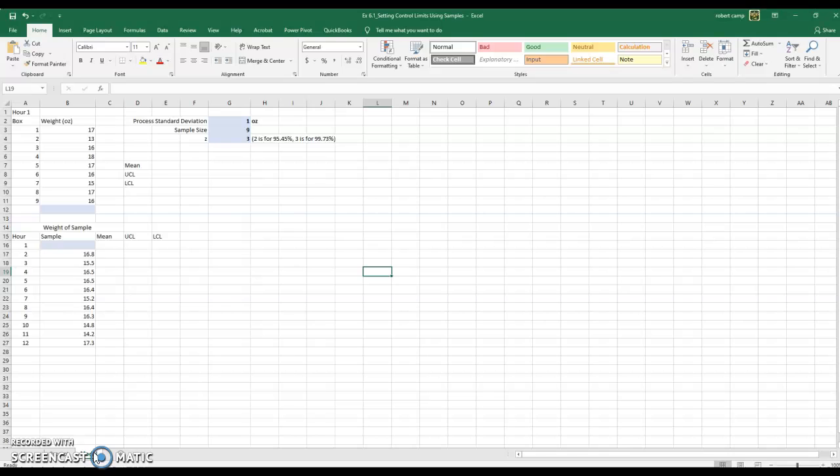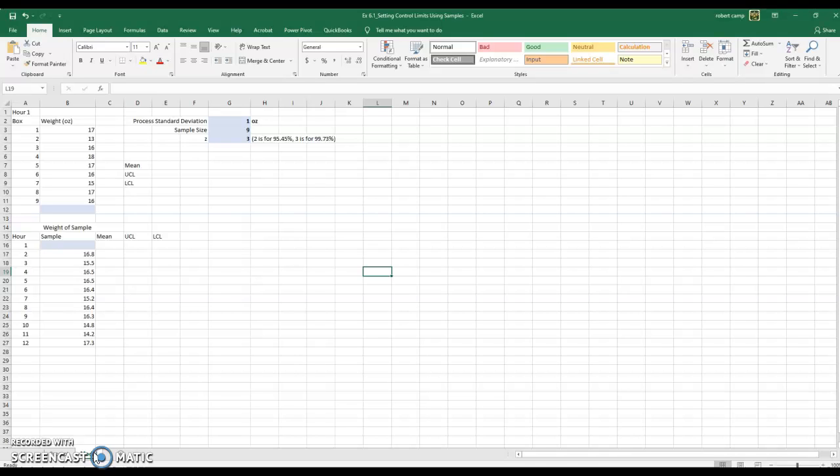Students will get confused on this because they look at it and go, oh, that sample size is 12 because I'm doing it 12 times. That's not the case. The sample size is 9 because each time that you sample your production, you're pulling 9 units. So yes, we're sampling 12 times, but the sample size is going to be 9.